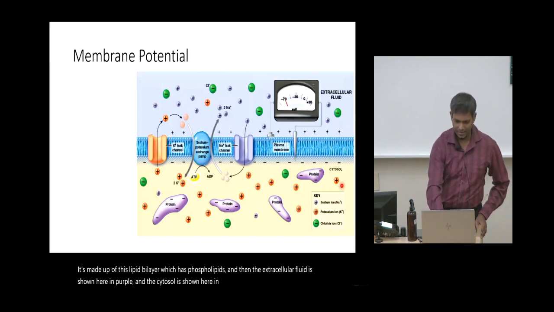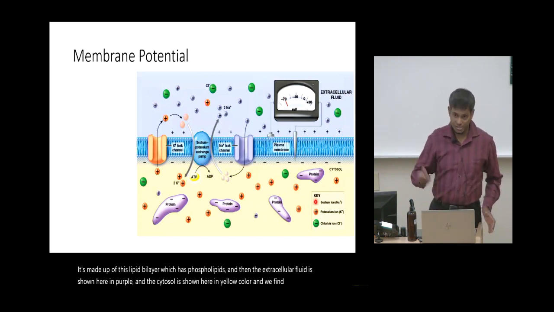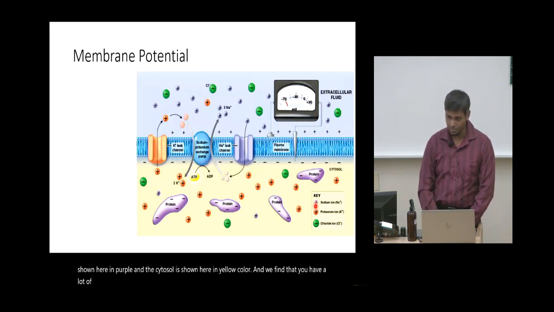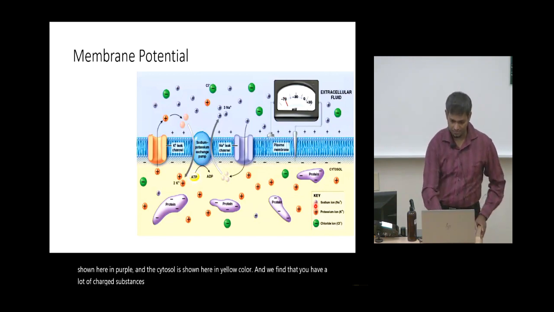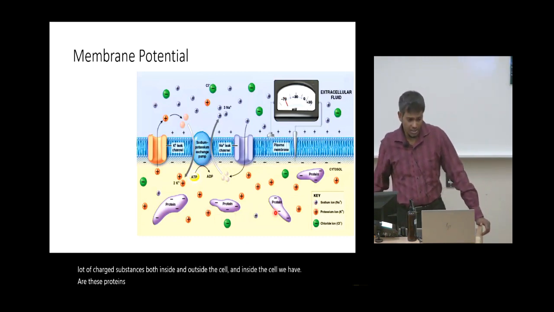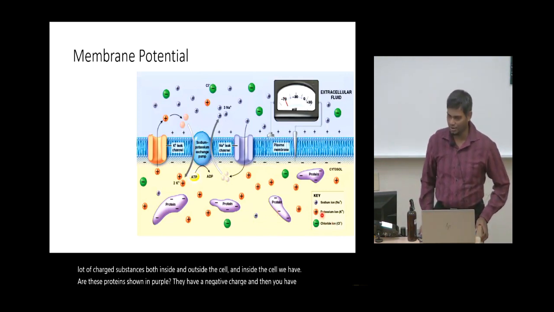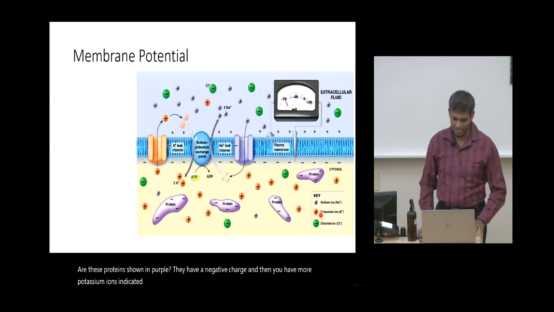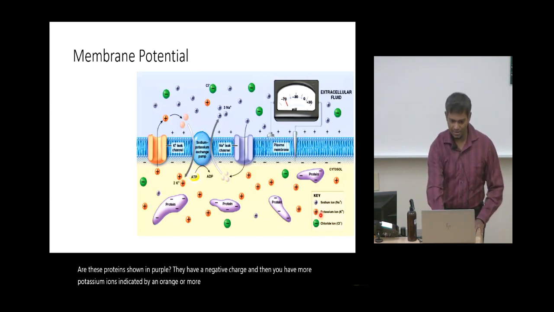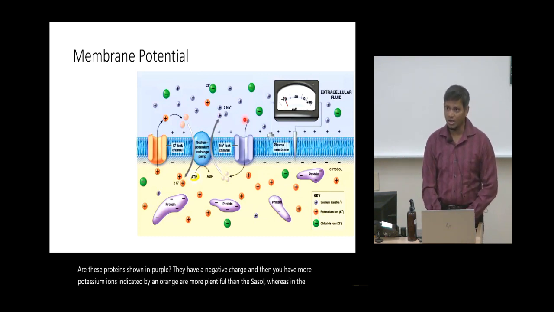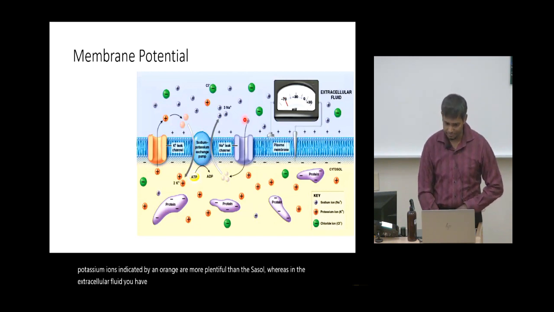You have a lot of charged substances both inside and outside the cell. Inside the cell we have proteins, shown in purple, which have a negative charge, and potassium ions, indicated in orange, are more plentiful in the cytosol, whereas in the extracellular fluid you have more sodium and chloride ions.